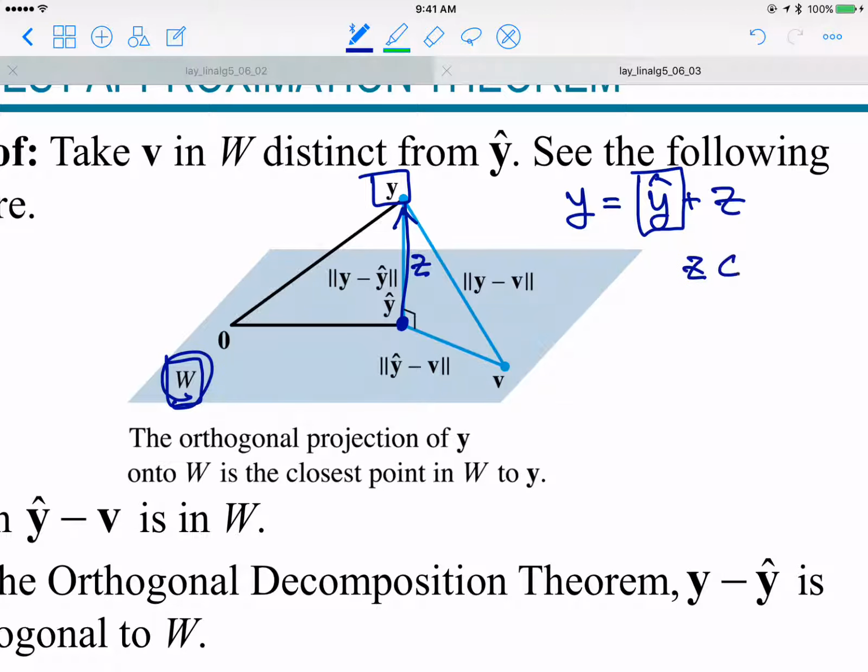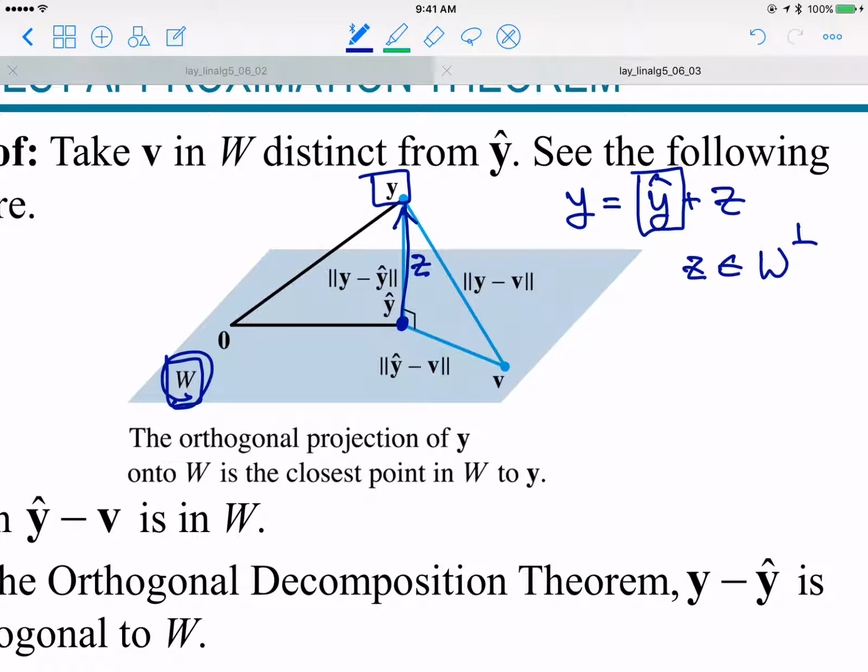So that's why this Z belongs to W perpendicular. But in this case, this best approximation theorem is saying that let's think about a different situation.